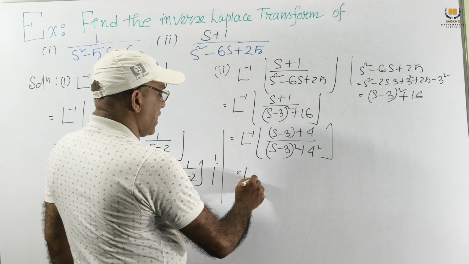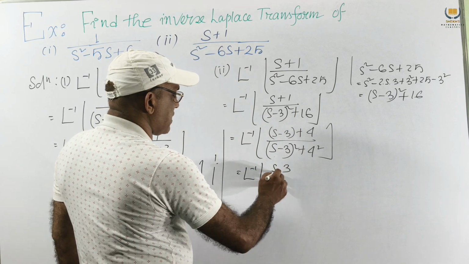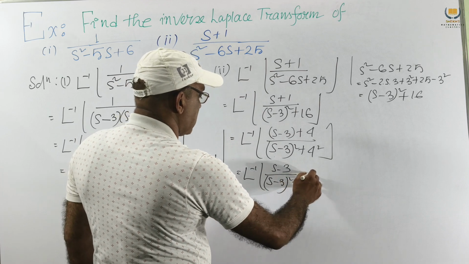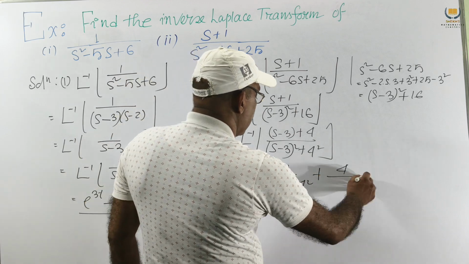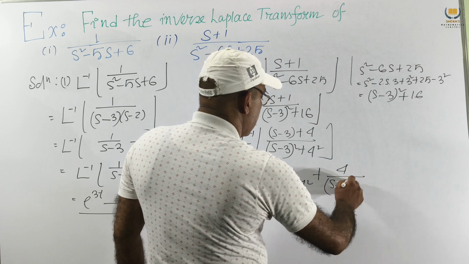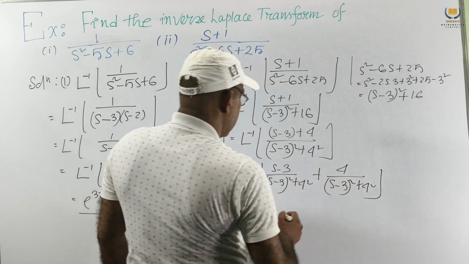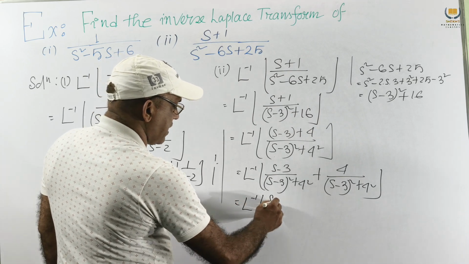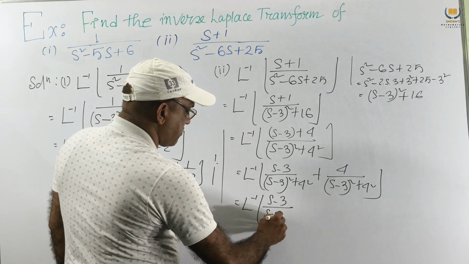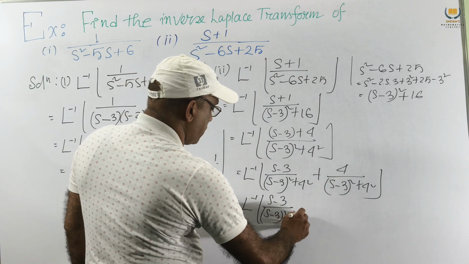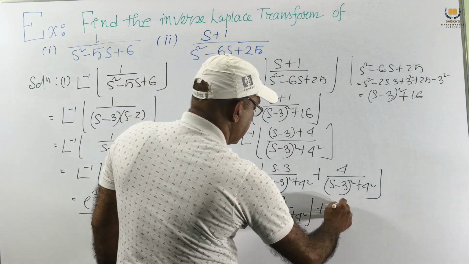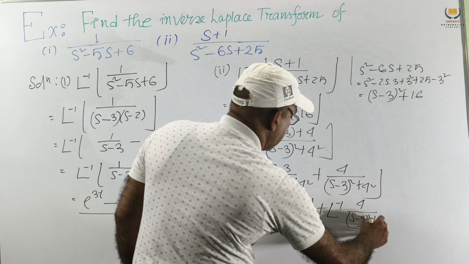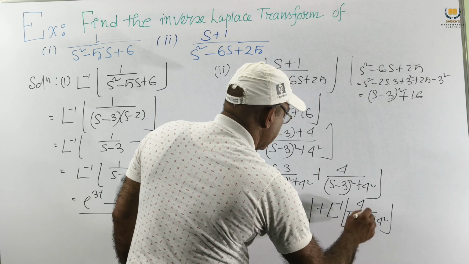So this will be L inverse of s minus 3 by s minus 3 whole square plus 4 square, plus 4 by s minus 3 whole square plus 4 square. Now we take L inverse of each: L inverse s minus 3 by s minus 3 whole square plus 4 square, plus L inverse 4 by s minus 3 whole square plus 4 square.